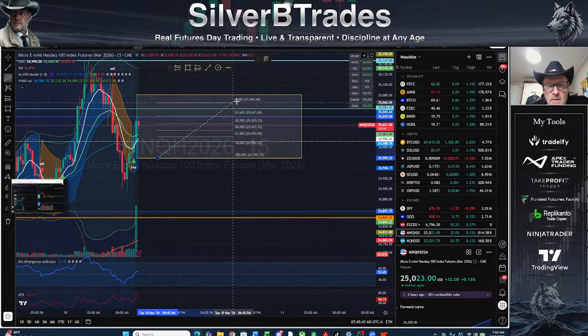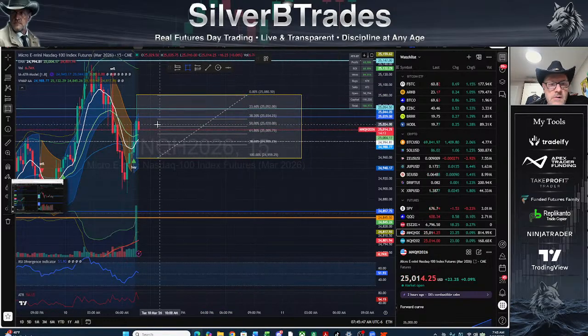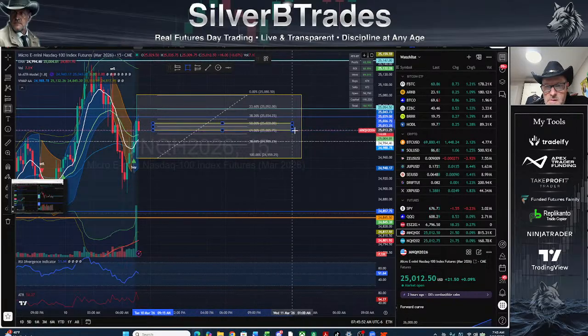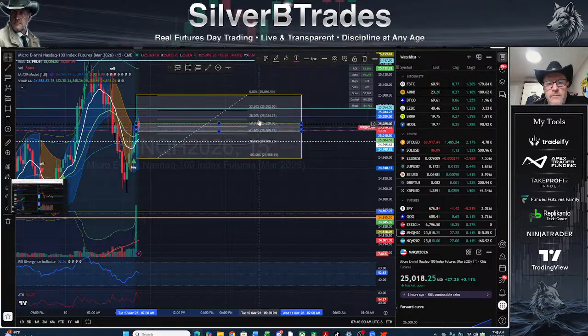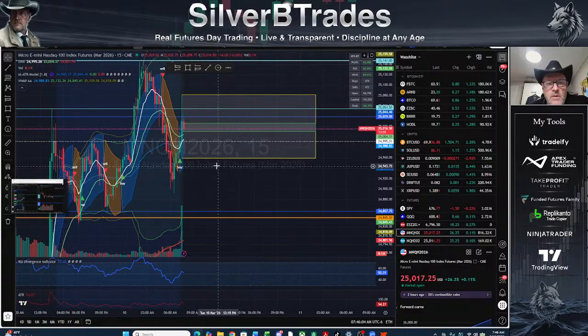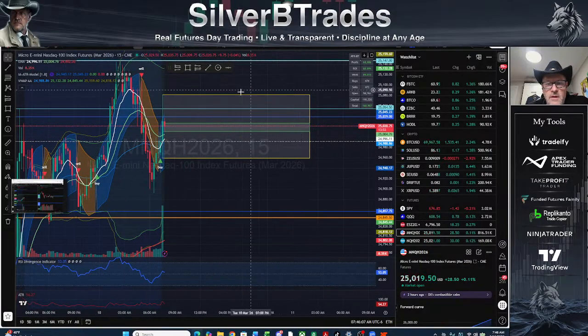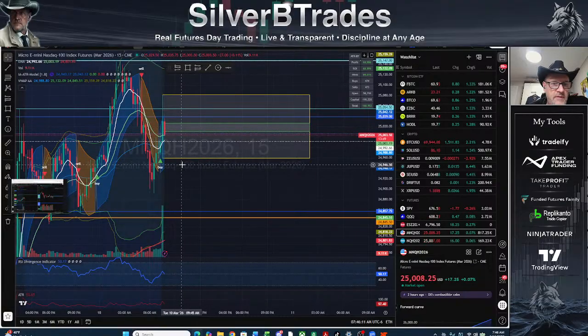You want to get anxiety, just pull up the 1 minute or like 30-second chart. The 10-second chart's bananas. There we go. Yellow box is the 15-minute range, and the green box is the 50% retracement of that range.